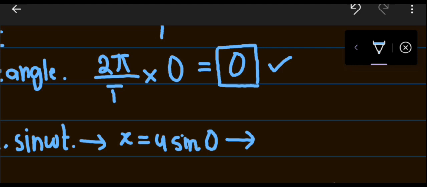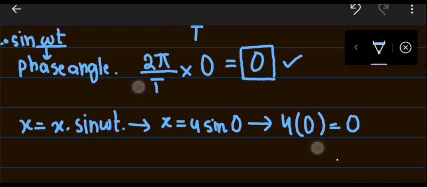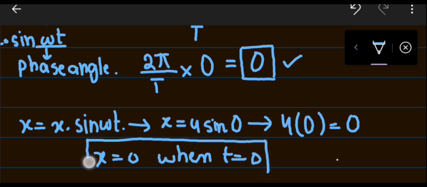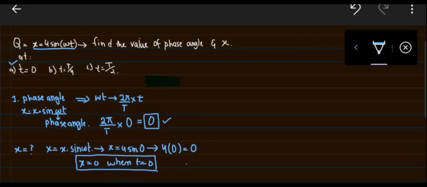Sine 0 is equal to 0, so 4 into 0 will be equal to 0. So here you can see x, the displacement, is 0 when time is 0. So this is one I solved.